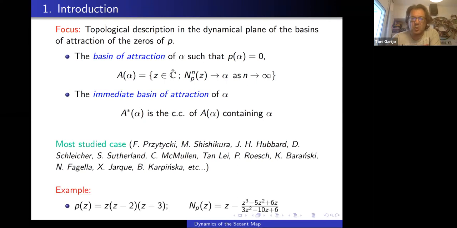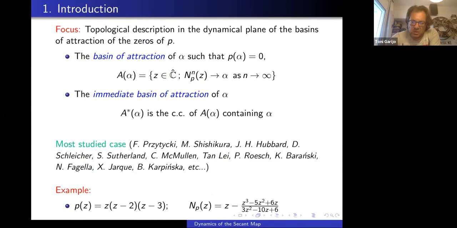Just to show the dynamical plane, I take an example. It's a very trivial example, but it's a cubic polynomial with simple roots at 0, 2, and 3. This is the expression of the Newton map, and later on we will apply the secant method to the same polynomial.